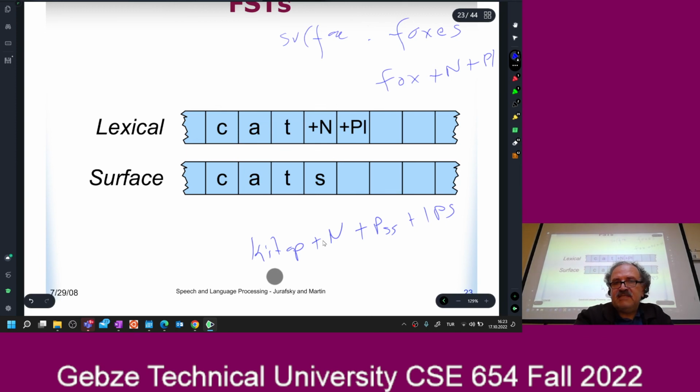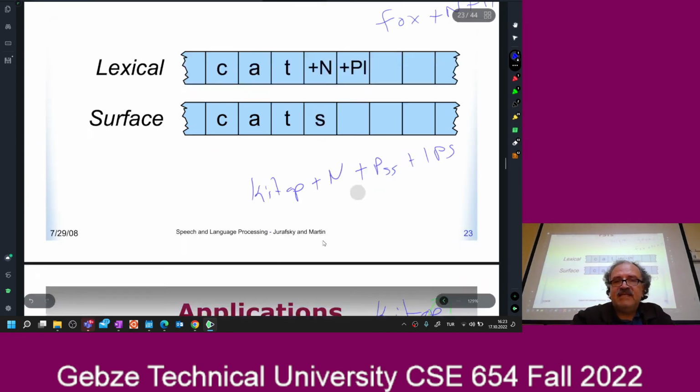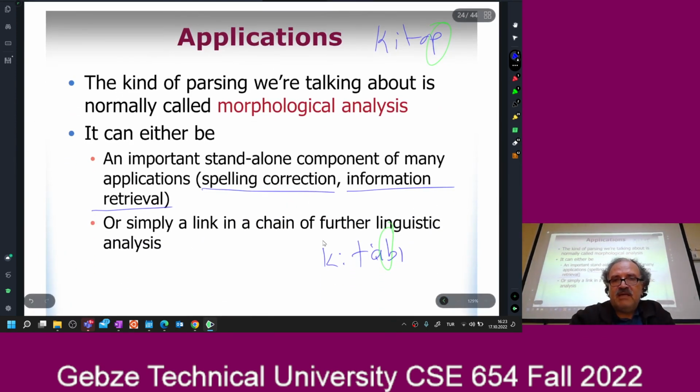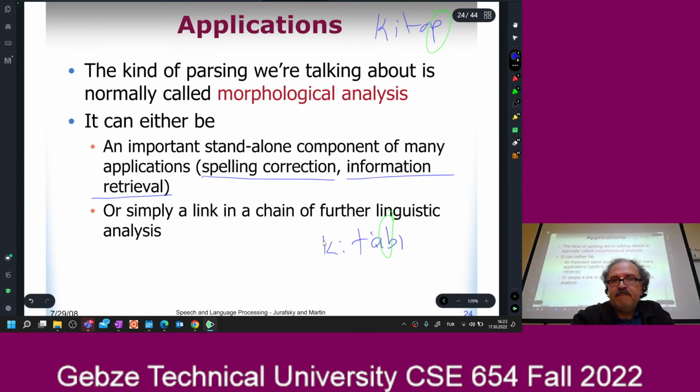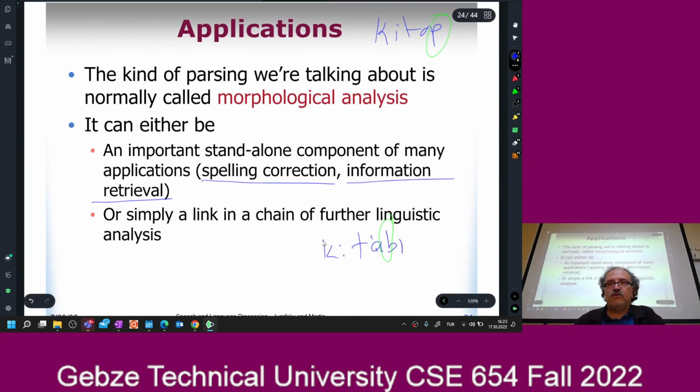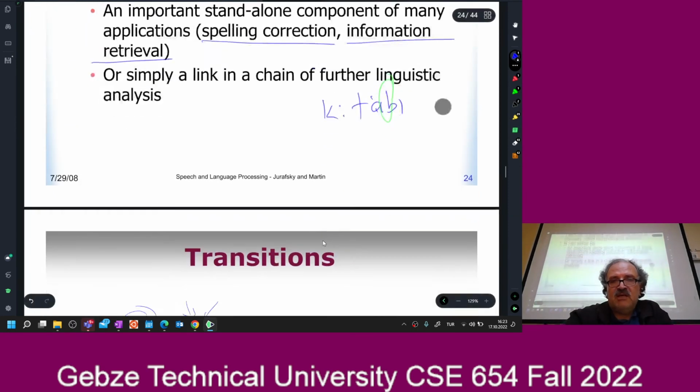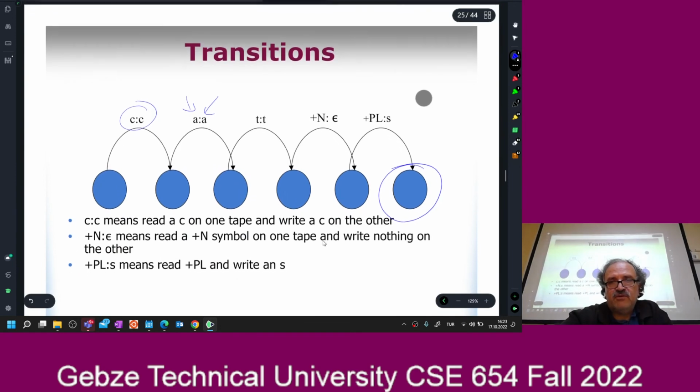My root is this. So if I do this analysis, and if I am doing information retrieval, of course I can match the roots now. Because if you like to match this kitab with kitap, those are two different things, right? I need to make this analysis first.